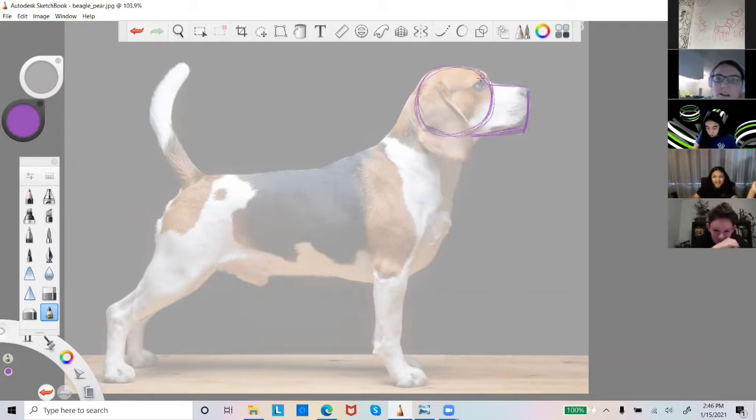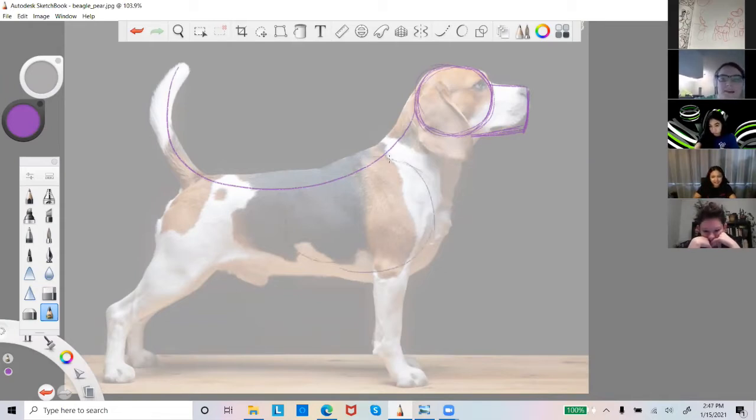If you want to draw along with me, the spine goes through like that all the way through the tail. I usually wait and get a couple of shapes in before I draw the spine, but I just want to show you real quick about where the spine is flowing.